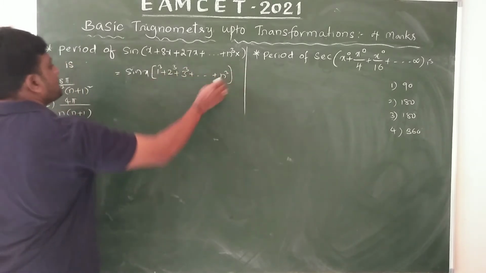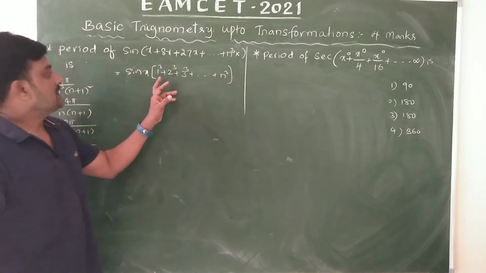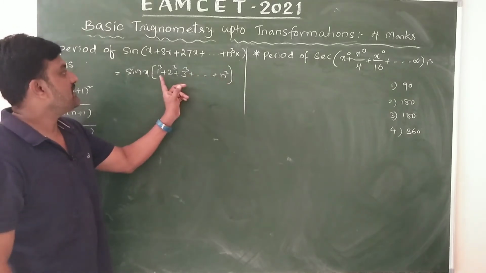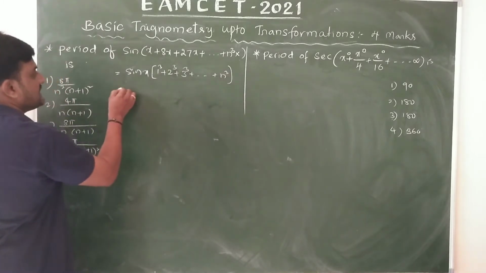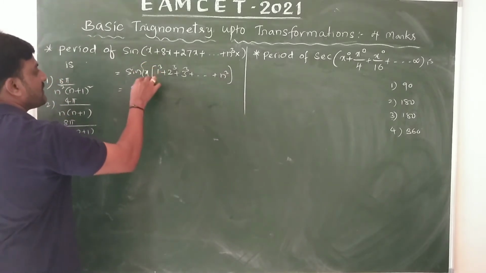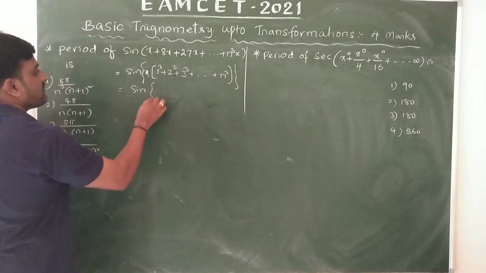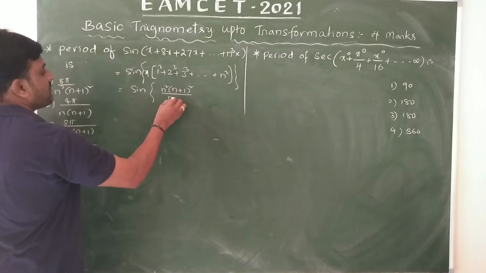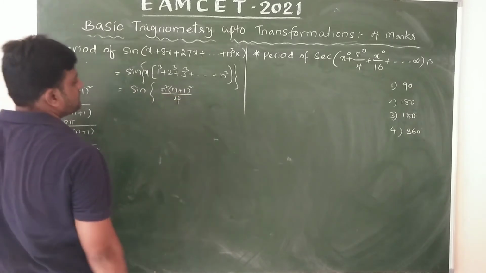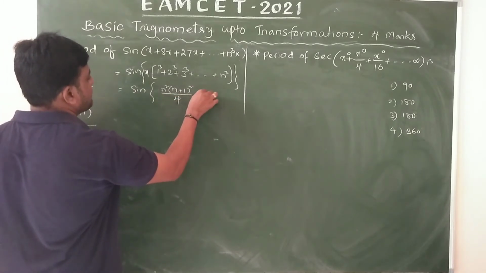Okay, now the sum of cubes of the first n natural numbers is nothing but what? n square into (n plus 1) whole square by 4, into x.